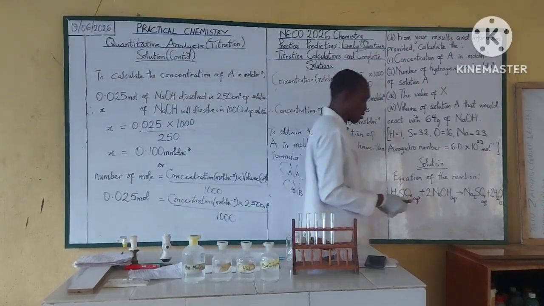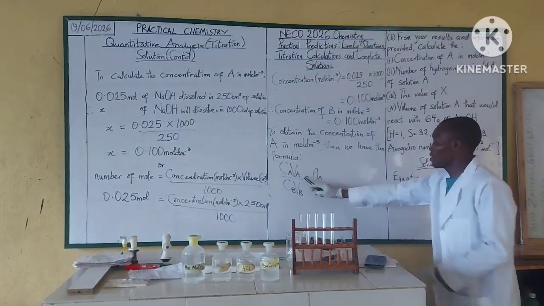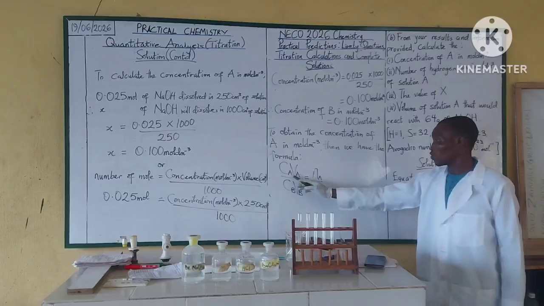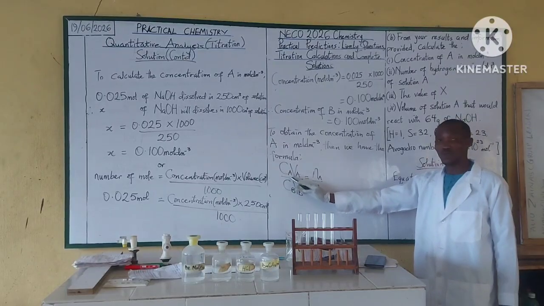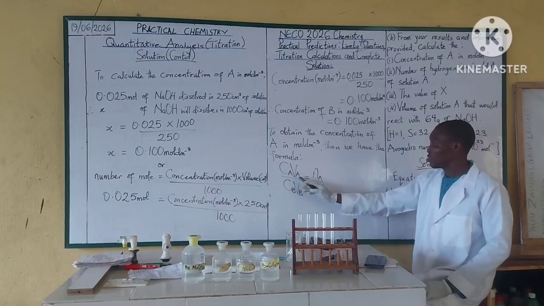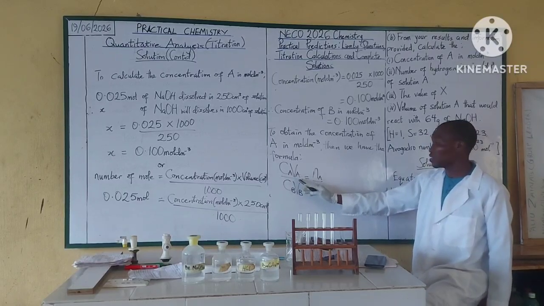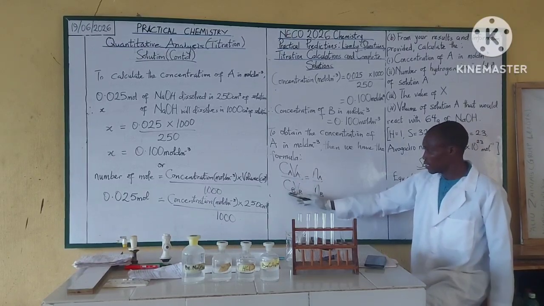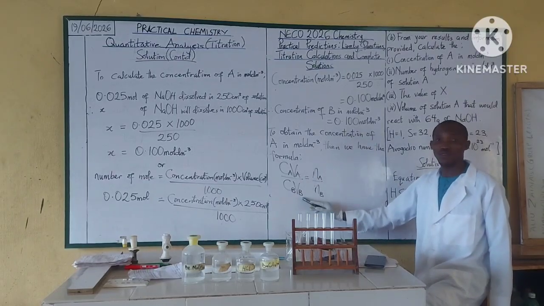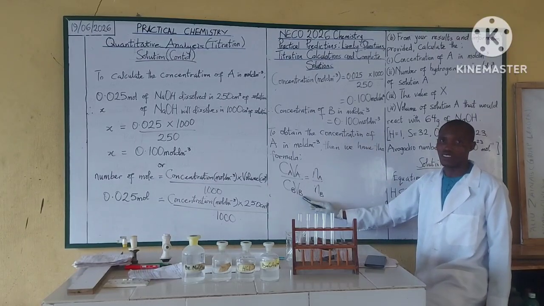where C is the concentration of acid in mole per dm cube, of course, that's what we are looking for, or what we are to calculate. Our VA is the volume of acid in cm cube, that's the average titer value. Then CB, concentration of base, the value we obtain here. VB, the volume of pipette, that's the volume of base.